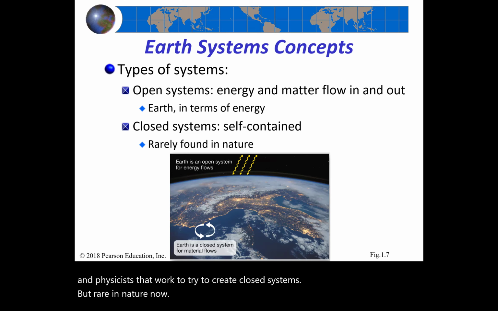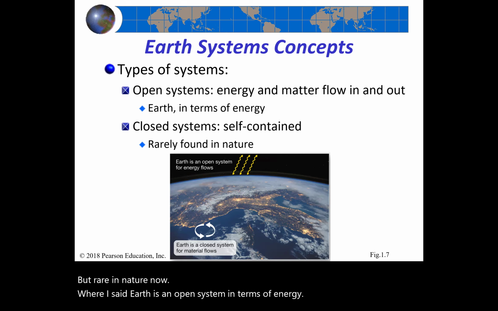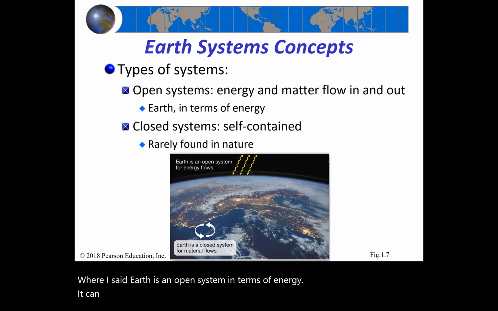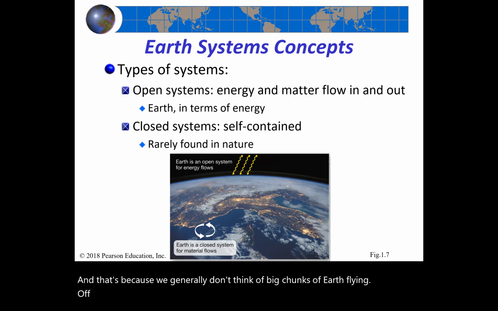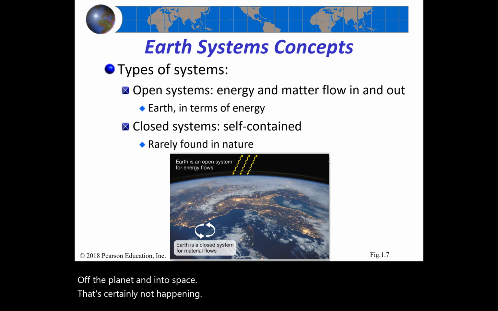Now, where I said Earth is an open system in terms of energy, it can be considered a closed system in terms of matter. That's because we generally don't think of big chunks of Earth flying off the planet and into space. That's certainly not happening today.